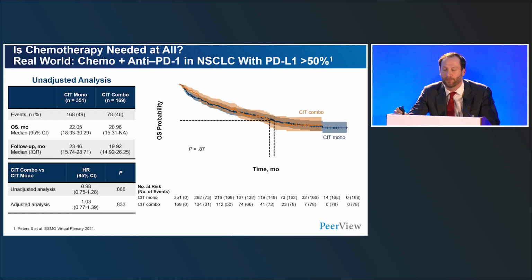There's no significant difference in most of the real-world data sets analyzed to date. Currently, there's an ongoing prospective trial, the Insignia trial, looking at chemo-IO versus IO alone in non-small cell lung cancer, but that has not read out yet.